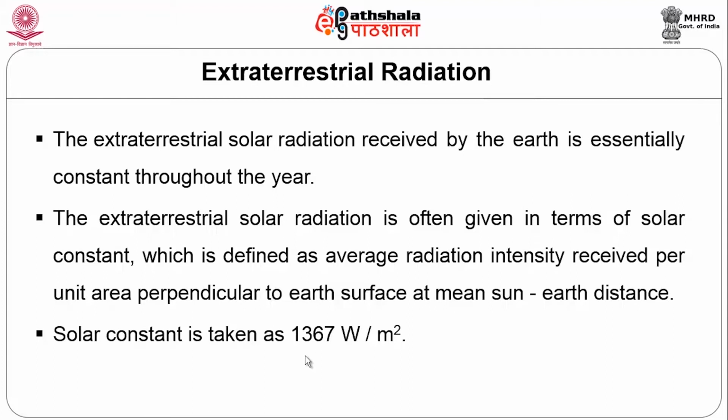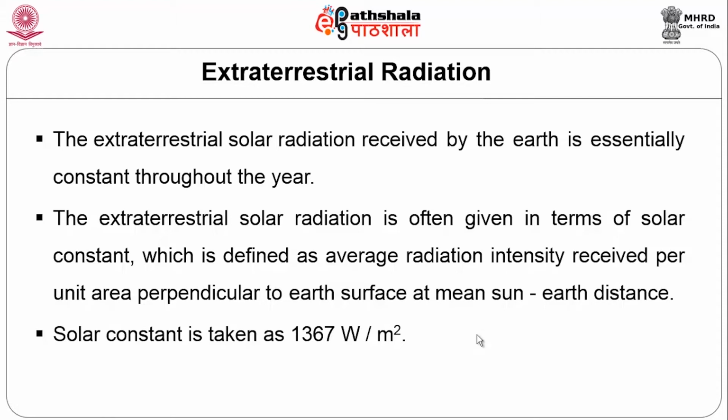The extraterrestrial solar radiation is often given in terms of the solar constant, which is defined as the average radiation intensity received per unit area perpendicular to the sun's rays at the mean sun-earth distance. The solar constant is taken as 1367 watt per meter square.